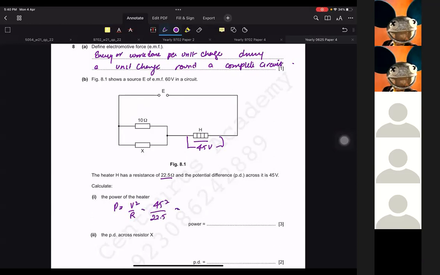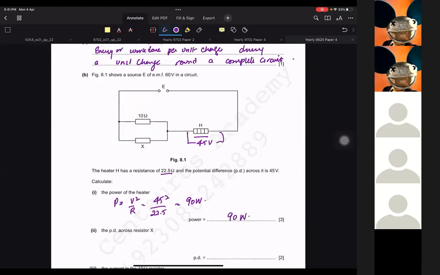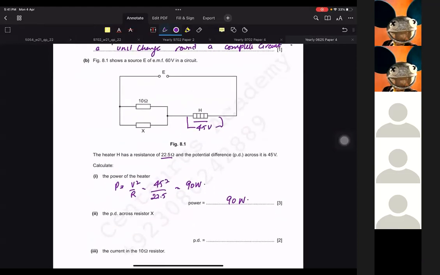So according to that, I think the answer is 90 watts. Can you confirm this, please? Yes, sir, it's 90. Okay, then the potential difference across X. Now, how do we find it? If the EMF... Sir, the answer for 45 divided by 22.5 is 2, and then 45 multiplied by 2 is 90.